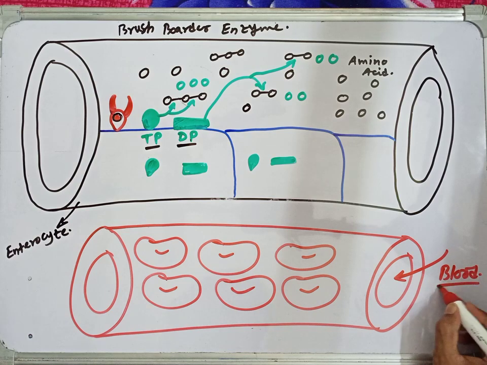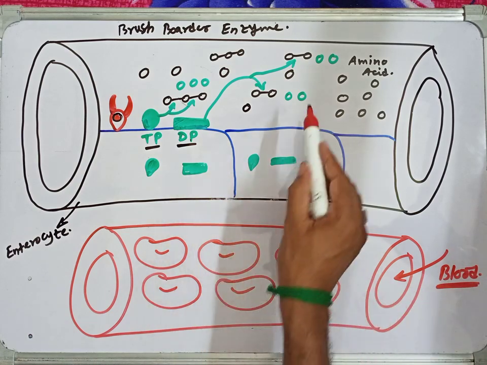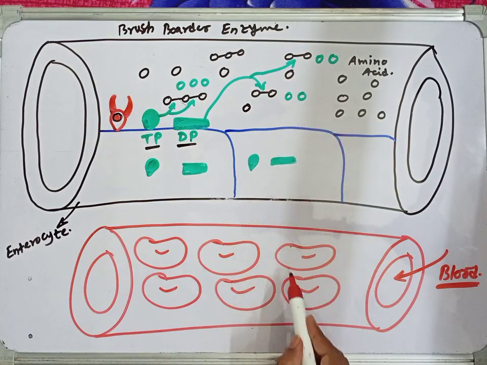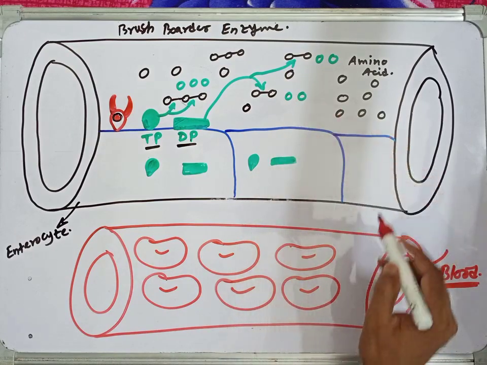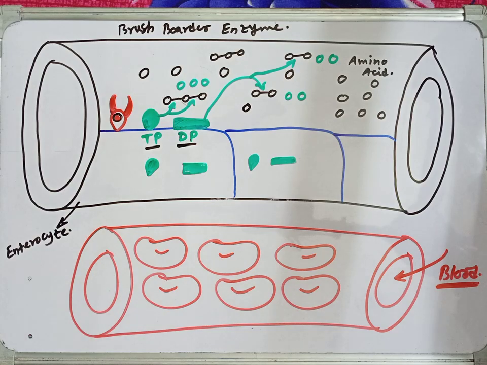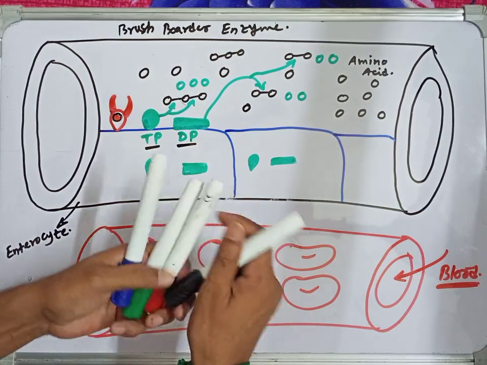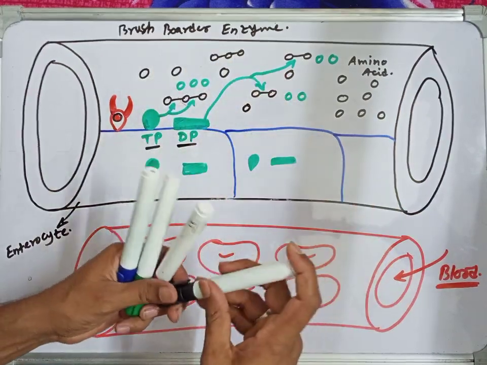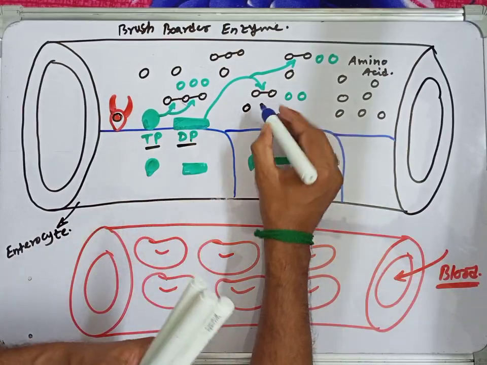Now, absorption is nothing but these amino acids eventually being drained into this blood, right? And there are also some ions present inside our intestinal lumen.